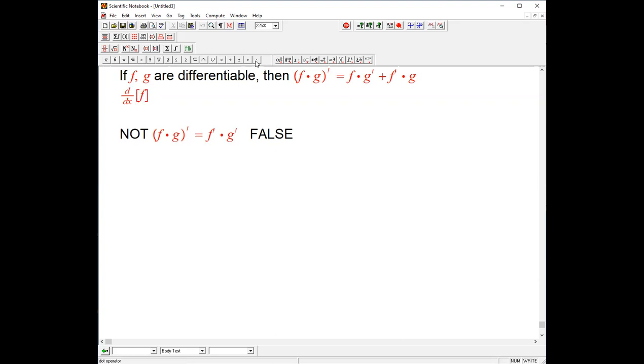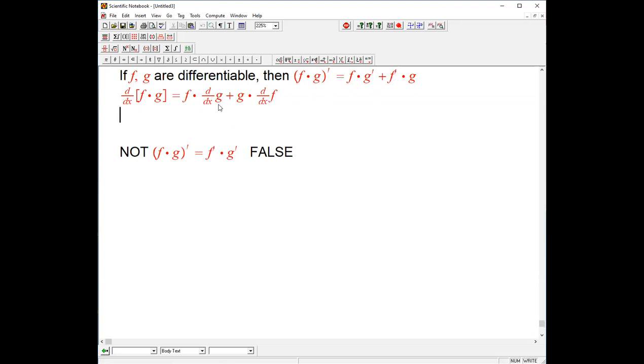The derivative of f times g would be f times the derivative of g plus g multiplied by the derivative of f. You can see the order is slightly altered, because I put a g in front of it. It's because we want to avoid that confusion.